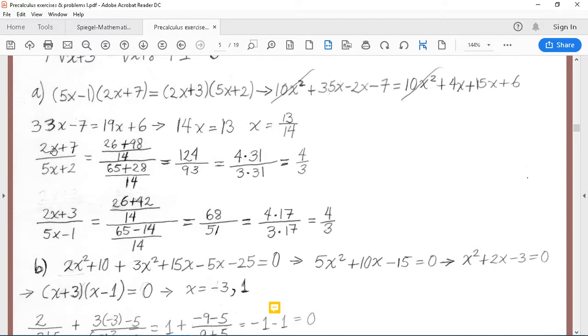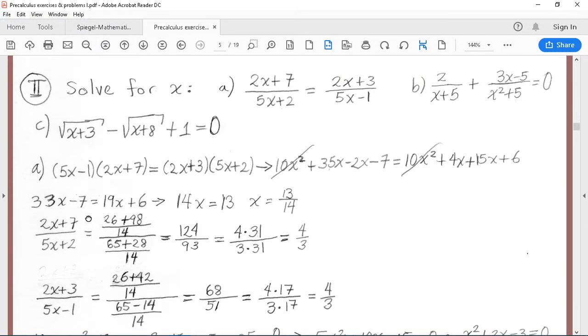Okay, so we can check this by replacing x equals 13 fourteenths in this expression. So we replace that into (2x + 7)/(5x + 2).